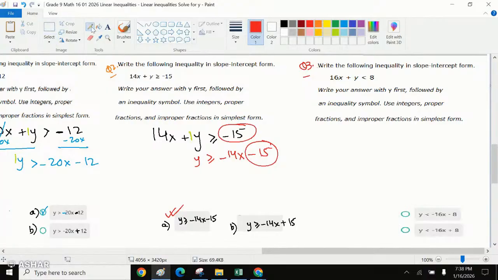So what option should be correct? Option A states that y is less than minus 16x minus 8, and option B says that y is less than minus 16x plus 8. Which of these two options should be correct, just by looking at the equation? Very similar to question number 2.